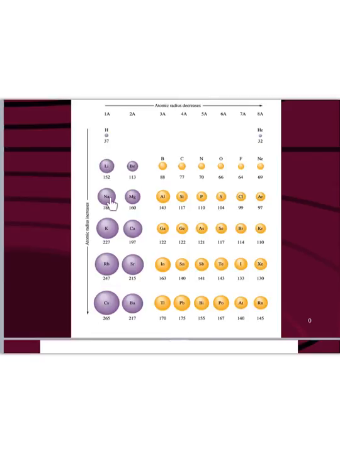Size is getting bigger as you go down because we talked about the shielding effect, adding on more energy levels and increasing that shield. And if you imagine a ball falling down from the sky towards your face, it appears that it's getting bigger and bigger as it's approaching your face. So that is one way you can remember the size.